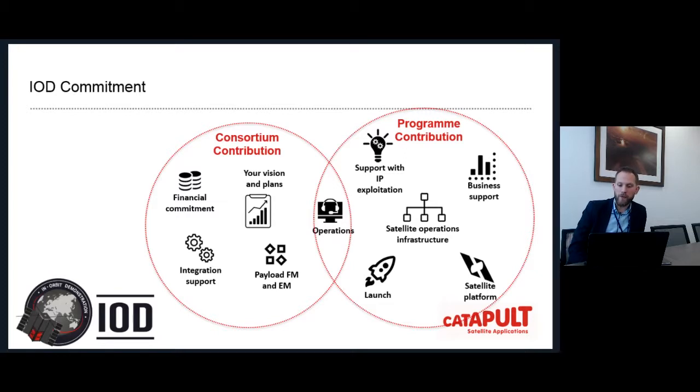And then in the middle, we've got operations. This is a sort of a logistical consideration. The spacecraft itself remains the property of the catapult, and we will be licensing and ensuring that for operations. Therefore, we will be operating the spacecraft itself within the scope of the IOD program, and we have the ground station infrastructure to do that.